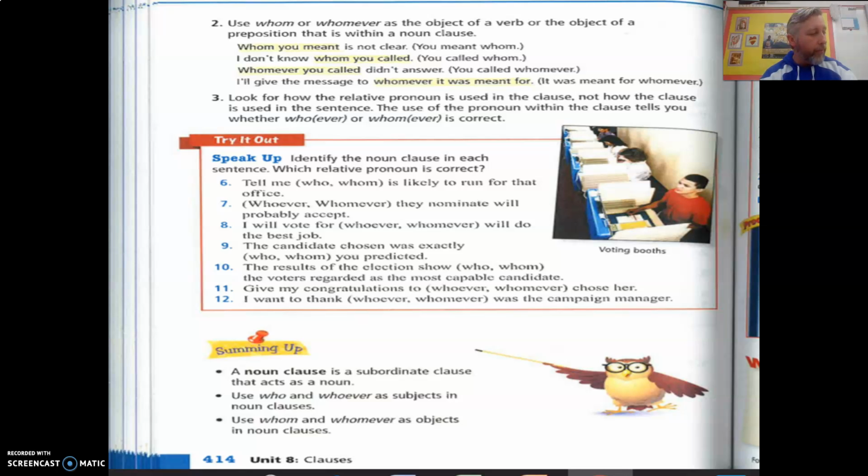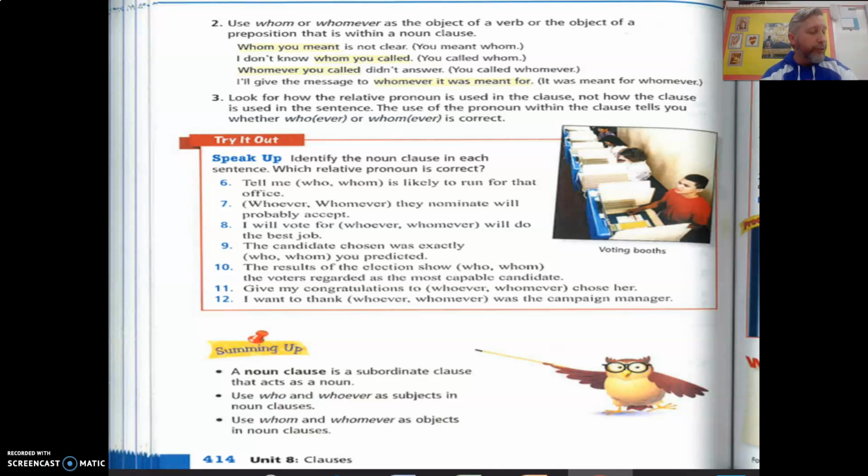Not quite. Okay, that one would be whomever. Okay, because if you turn it around and say they nominate whoever, no, they nominate whomever. Okay. Number 8, that one is a whoever. Okay, I will vote for whoever will do the best job.